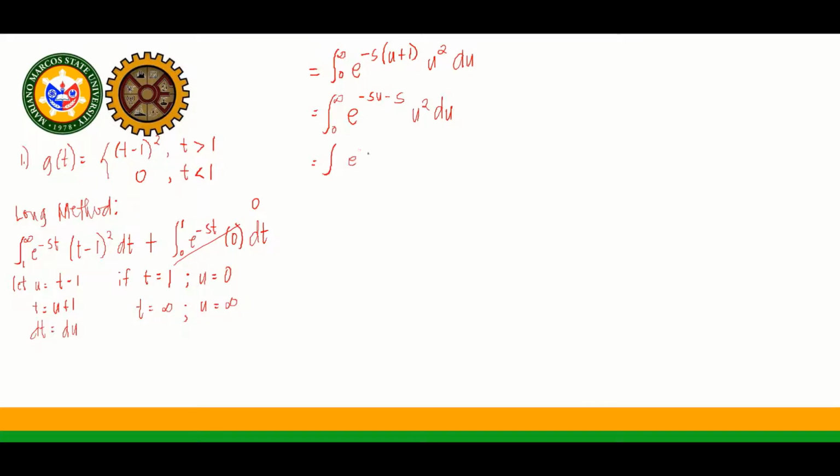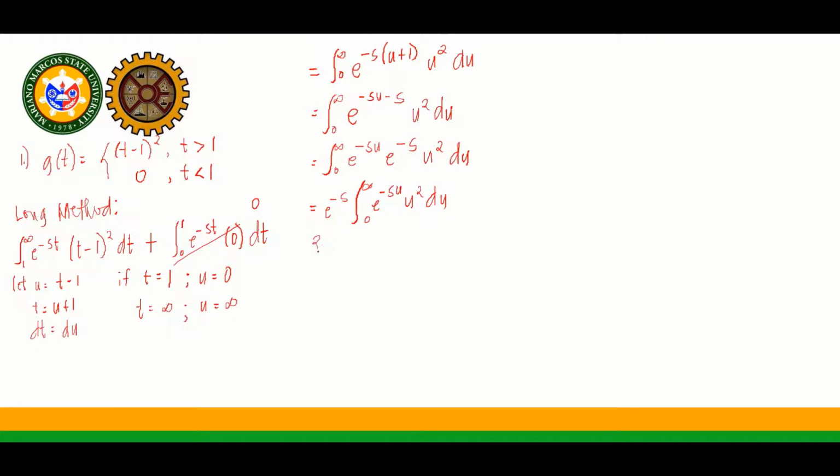So this will be equal to e raised to negative su, tapos e raised to negative s, and then u squared du, limits from 0 to infinity. So yung e raised to negative s na to is treated as constant. So i-isolate natin siya. So e raised to negative s times the integral of e raised to negative su u squared du, limits from 0 to infinity.